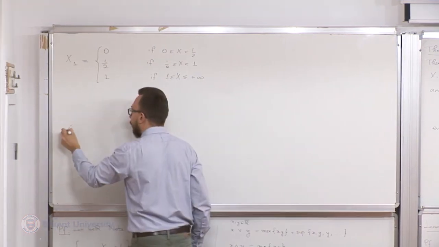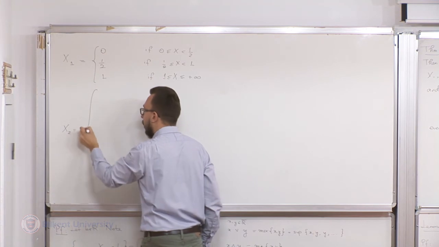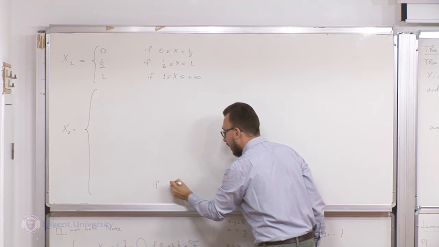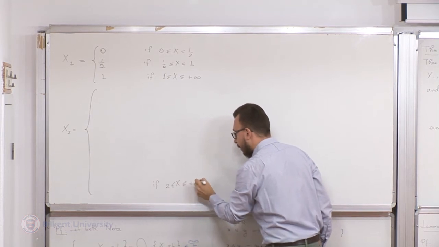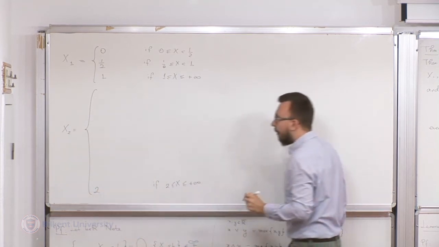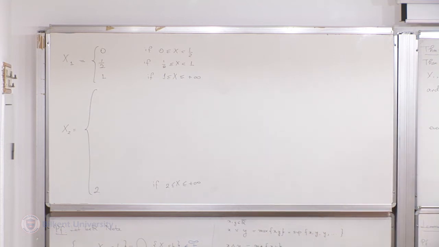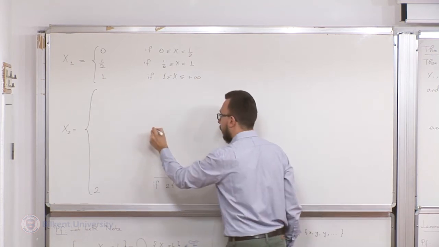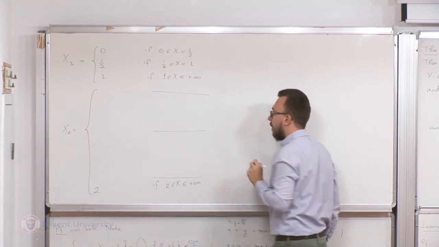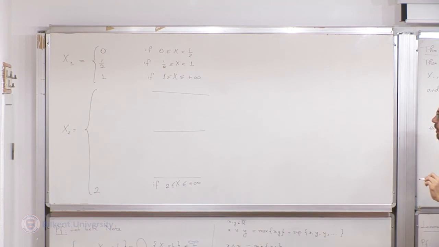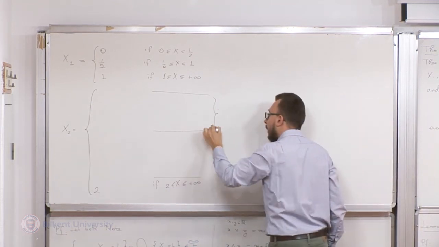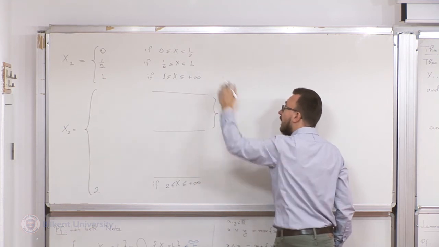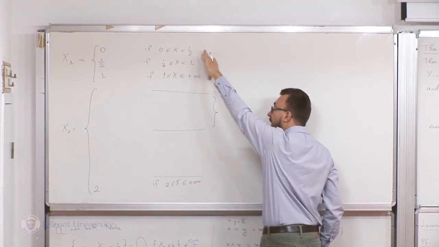Now, how about X2? Again, we know if X is above 2, we approximate it as 2. There's going to be a part where we're going to refine our approximation for X1.